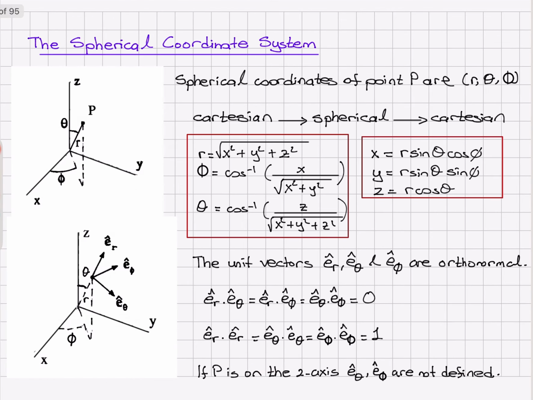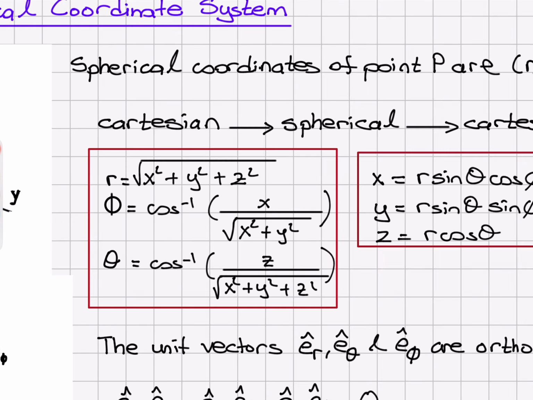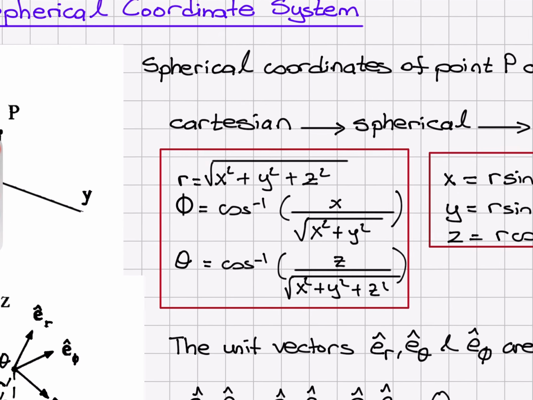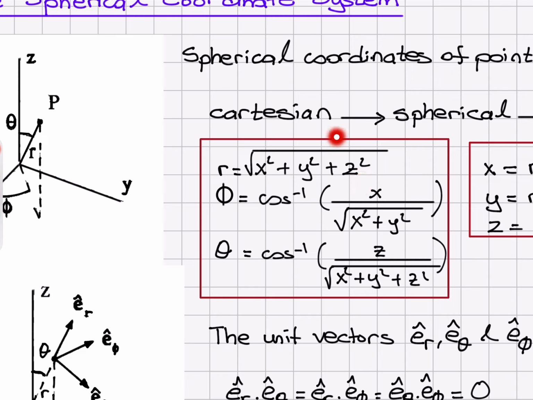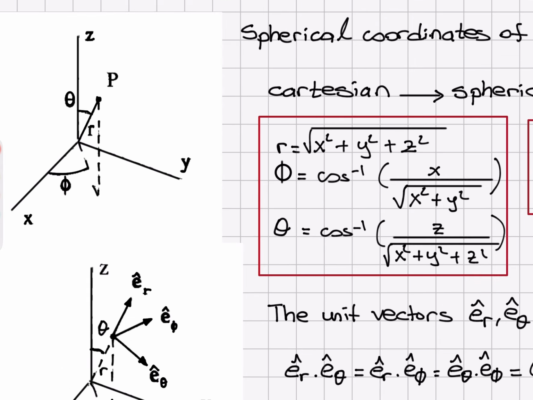Okay, so we have now introduced the spherical coordinate system with coordinates r, theta, and phi: radial axis, polar axis, azimuthal axis. The transformation between the Cartesian and spherical coordinates is r equals the square root of x squared plus y squared plus z squared. This is the radius of a sphere centered at point O, the origin. Phi is cosine inverse of x over the square root of x squared plus y squared.